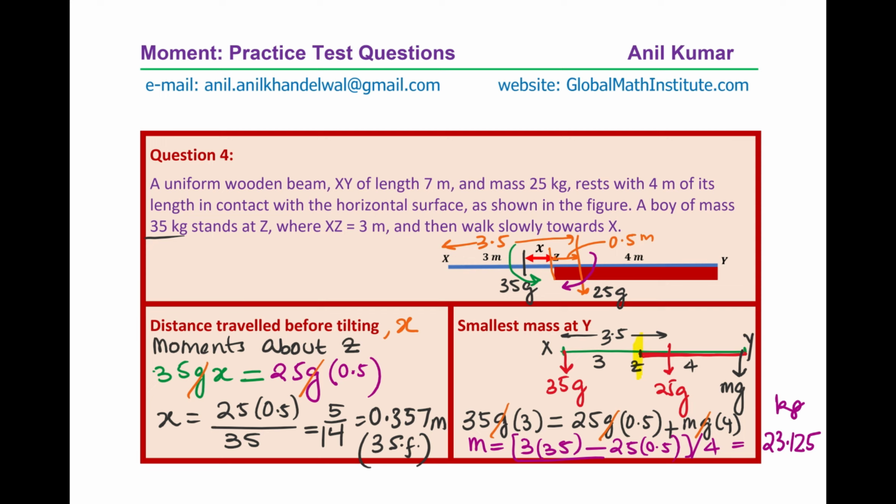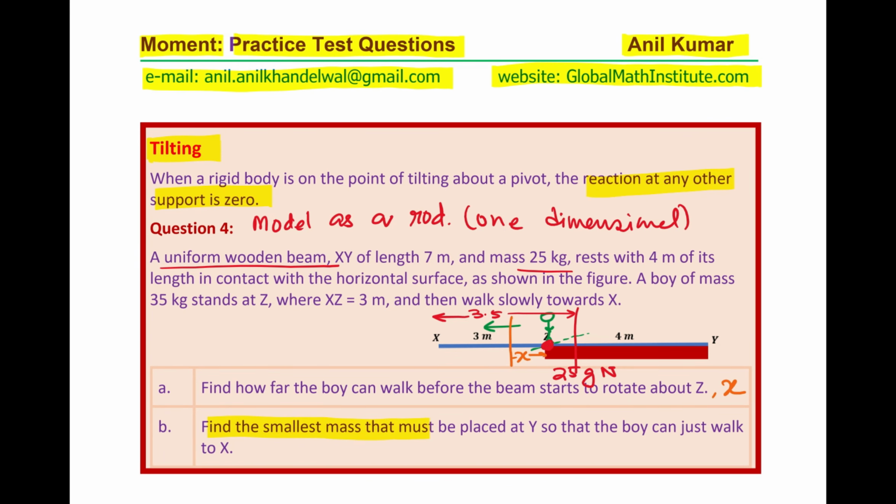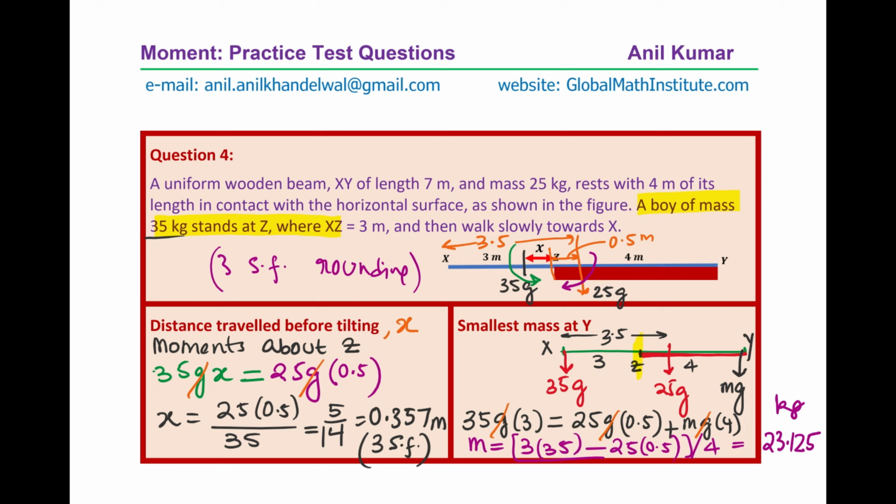Now, tell me, when you round this, what should be your answer? We have to round it to 3 significant figures. Now, it's important. We have to see part B, which is: find the smallest mass that must be placed at Y so that the boy can just walk to X. So if the mass is less than the value which we calculated, the boy will not be able to walk till the end.